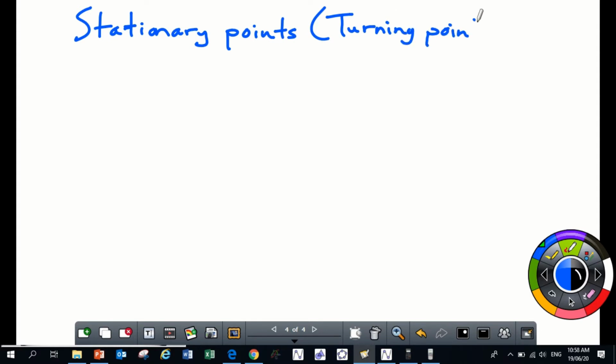In calculus, these two can be interchanged: stationary point, turning point.